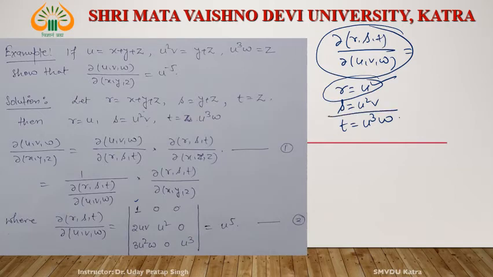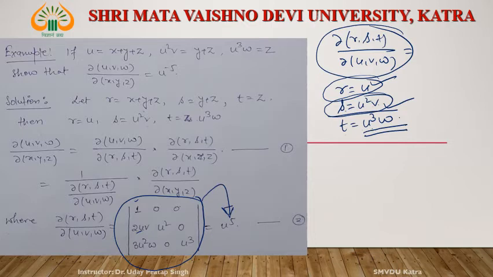Now come to s. What is ∂s/∂u? 2uv. Right? ∂s/∂v, u squared. And ∂s/∂w, no term of w here, therefore 0. Now ∂t/∂u, 3u squared w. ∂t/∂v, no term of v, therefore it is 0. ∂t/∂w, u cubed. Now solve this determinant. What is this determinant? This determinant is u to the power 5.